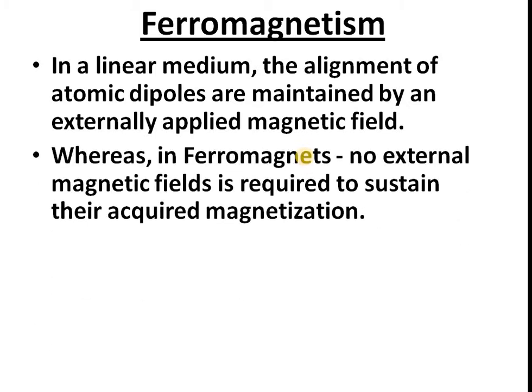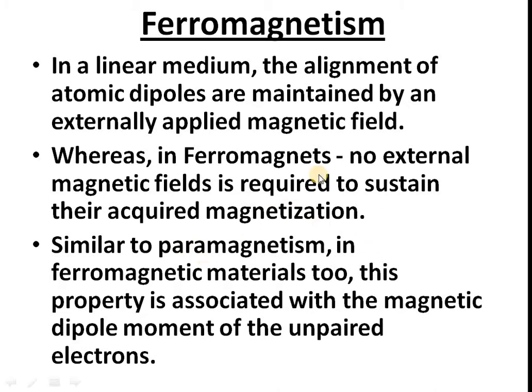But in a ferromagnetic material, even without an external magnetic field, magnetization can be sustained. No external magnetic field is required to sustain the acquired magnetization. Understand? So once acquired, even if you withdraw the applied field, you can maintain a magnetization.